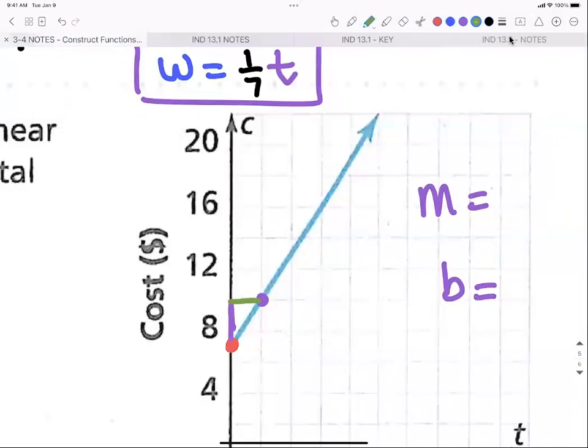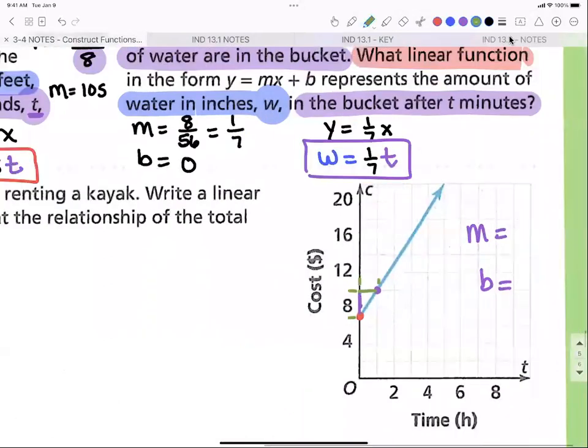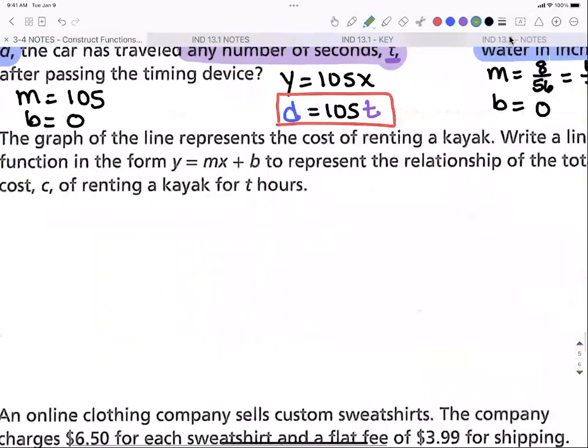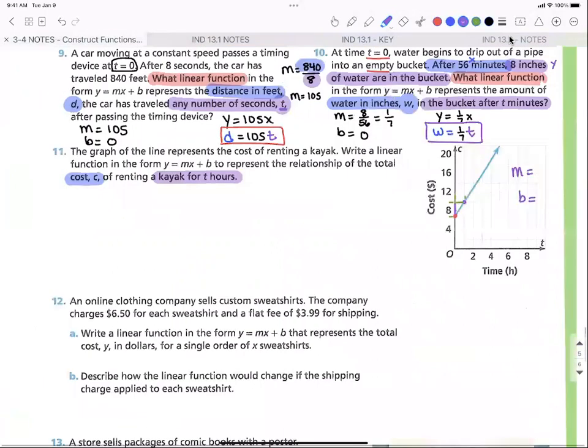And do not say that you're just rising one block and running one block. How much do you rise between 7 and 10? How much do you run this way? Be specific. Again, once you find your M and your B, start generic, but then they ask you to get specific. They tell you to use C for cost, and they tell you to use T for hours. Not going to do that one because we've already done it, correct?